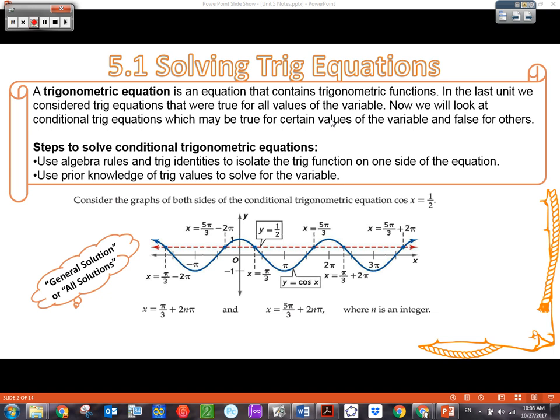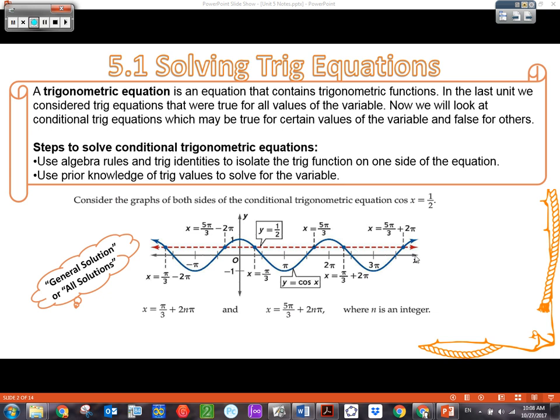The type of equations we are working on in this unit are conditional equations. They're not necessarily true for all values of x. And I have an example here of cosine x equals 1/2. We've dealt with this kind of situation before. Here's a graphical representation. So we know there are multiple solutions.